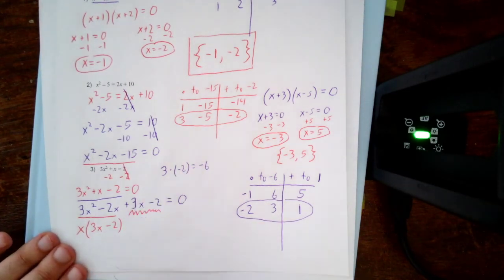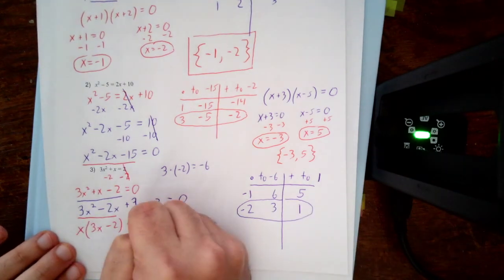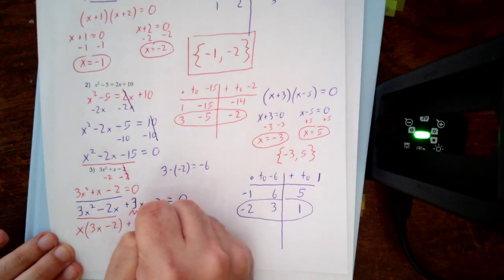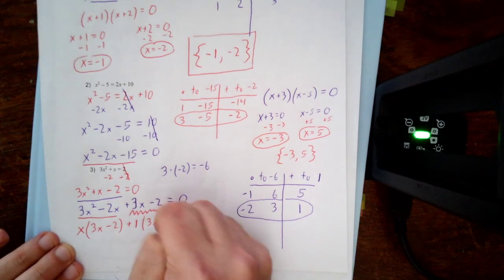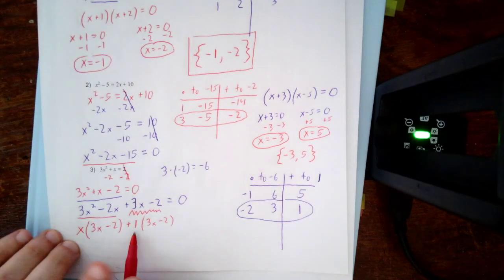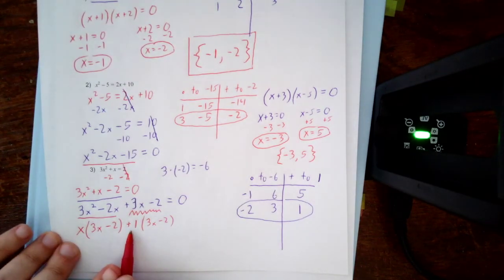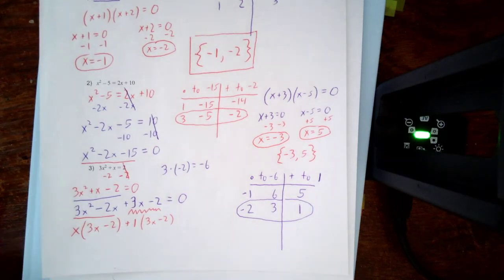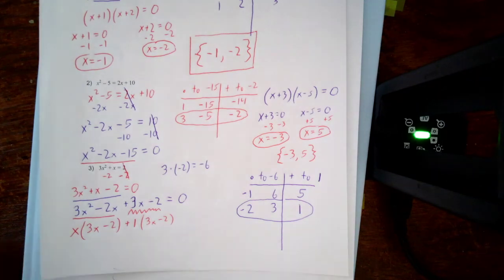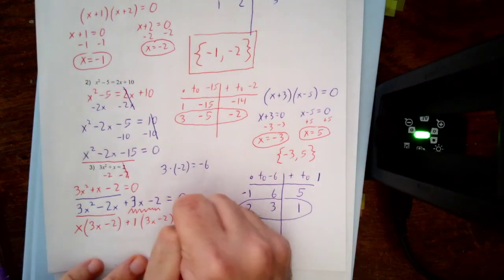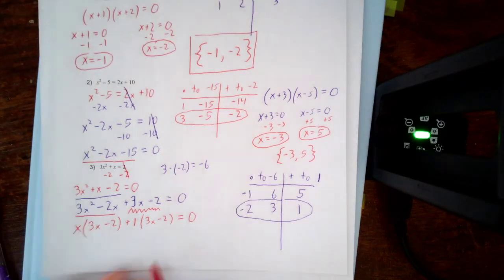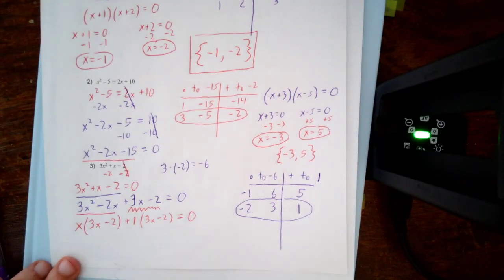The number 1 divides everything. So I'm going to write plus 1, and then in parentheses, I'll write 3x minus 2. It seems weird to write a 1 when it's not really doing anything, but you don't want to forget that they did share a factor of 1. You want to write it to make sure. And that is still all equal to 0. We're only manipulating the left-hand side.